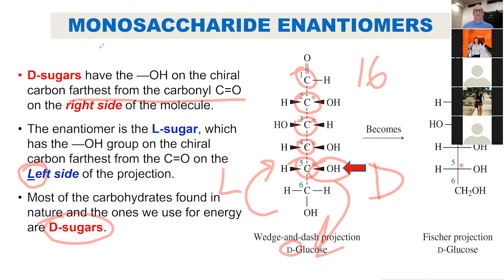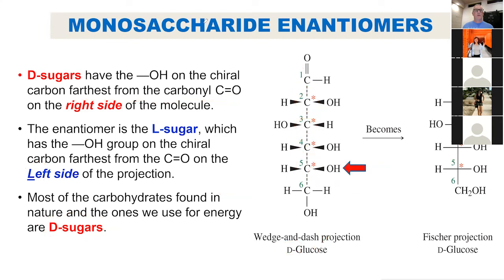Any questions about L and D? You want to look for the chiral carbon farthest away from the carbonyl group. And the same thing on a ketone. When the carbonyl group is on carbon 2, you're also going to want to look at carbon 5. So we're always looking at carbon 5 to see whether it's an L sugar or a D sugar.